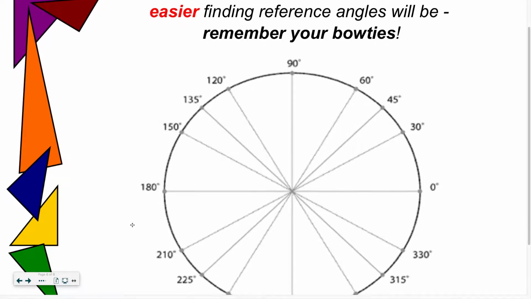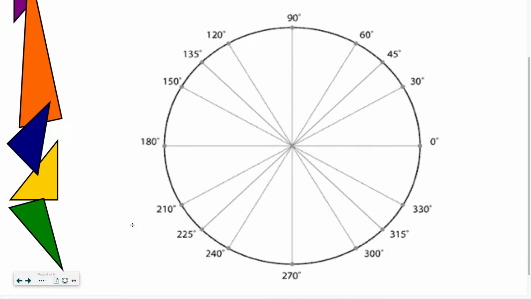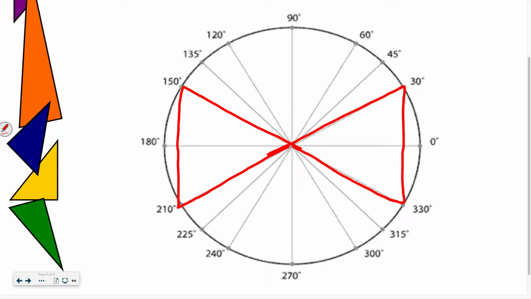I think what Rihanna is asking is, we just did 7 pi over 6, which was this one right here, and we had drawn this whole bow tie. So this was a 30-degree or pi over 6 angle, this was a 30-degree, this was a 30-degree, and this was a 30-degree.